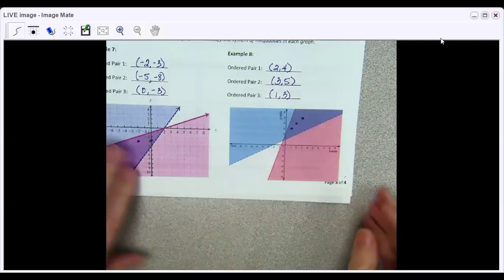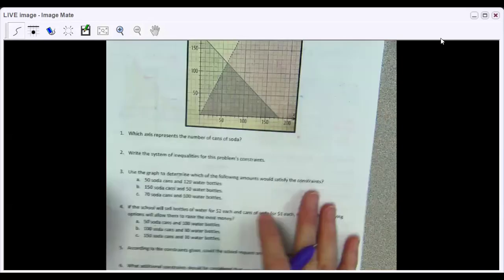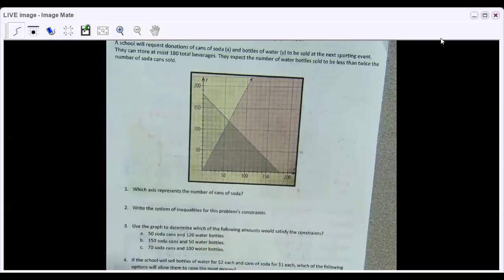Good. All right, let's go to page 4. I put this one here. I didn't have it originally, but you have a homework question that is similar to this. And so I put this on here just so that you would have an example of it. So let me get that out.